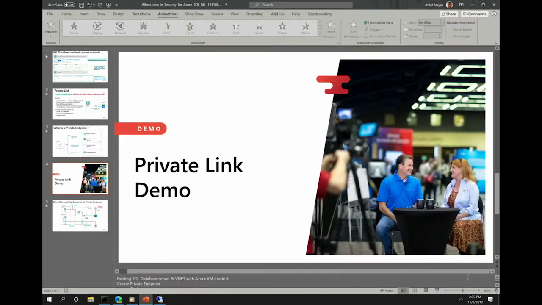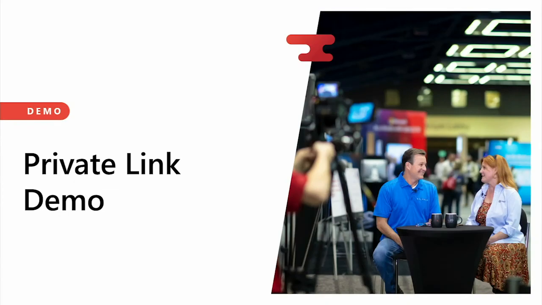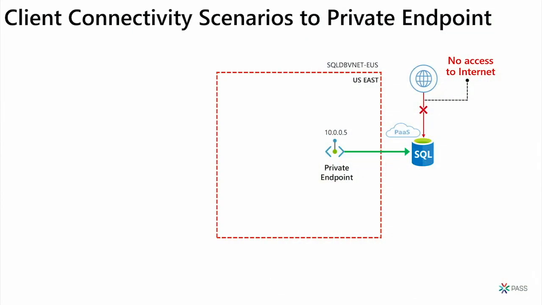I'll do one last slide to wrap this up, which is how do you use this thing? The idea is, this will be your default setting where you will typically keep the firewall blades empty to have no public access and create a private endpoint within a VNet. So far, so good.